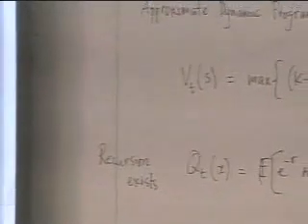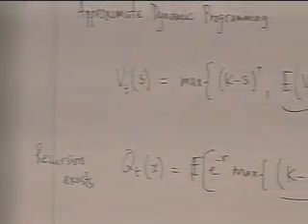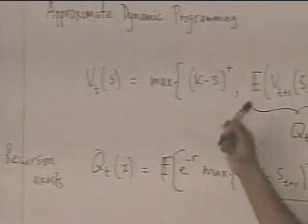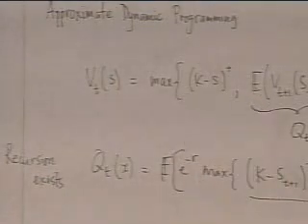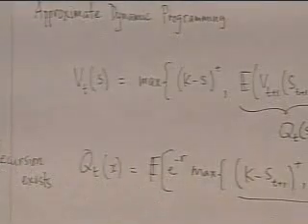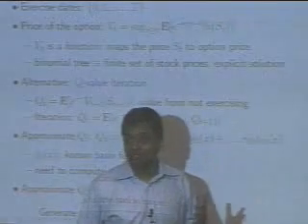The reason we want to get this recursion, for those of you who are statistically minded, is that the maximization is inside the expectation. Here the maximization is outside the expectation. That causes problems when you're trying to estimate something using sample data. One is better than the other because it does not introduce bias. And that's why people use this, not that.